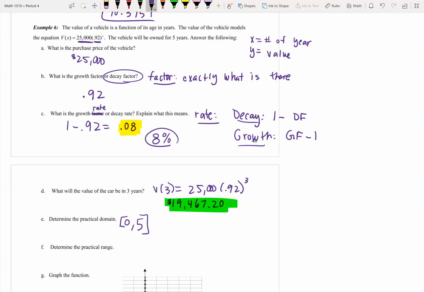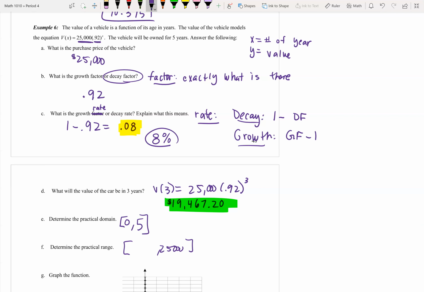Practical range. Range is the value. Do I start with 25,000? I end with 25,000. Why do I end and not start if 25,000 is the beginning number? Somebody answer that question. 25,000 is the biggest. You have to go smallest to biggest. How do I find the smallest value? Somebody tell me that.